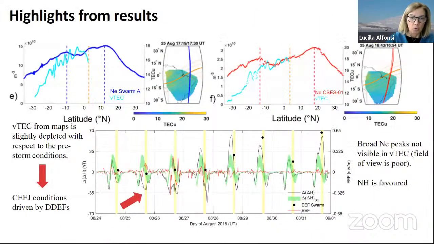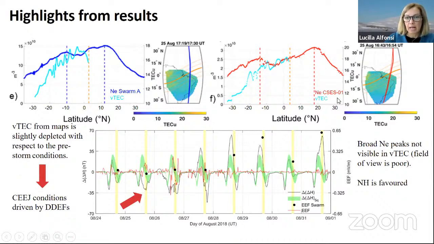So we can see here some examples of the different phases of the storm. In this case you see a representation of the electron density measured by the Swarm A satellite together with the vertical TEC computed and mapped along the track of the satellite at a fixed thin shell 350 kilometers from the ground base station.